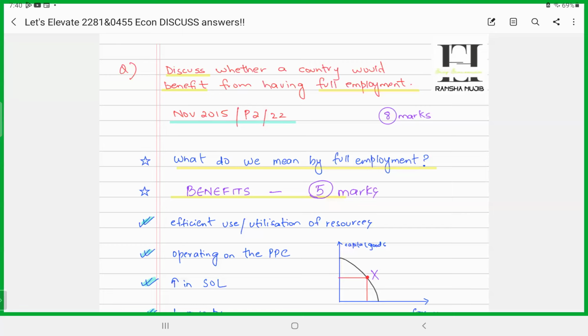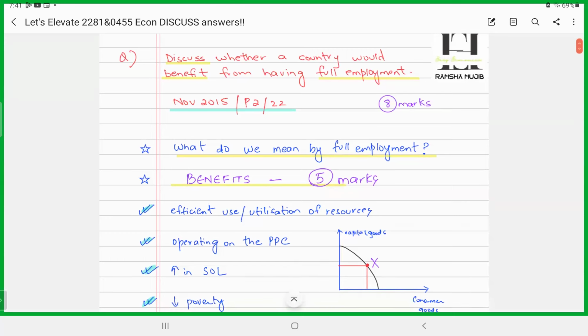All right. The question I brought for you all today says, discuss whether a country would benefit from having full employment. It came in November 2015, variant 22. Now, it's an 8 marker. Remember, the key word in this question is discuss.